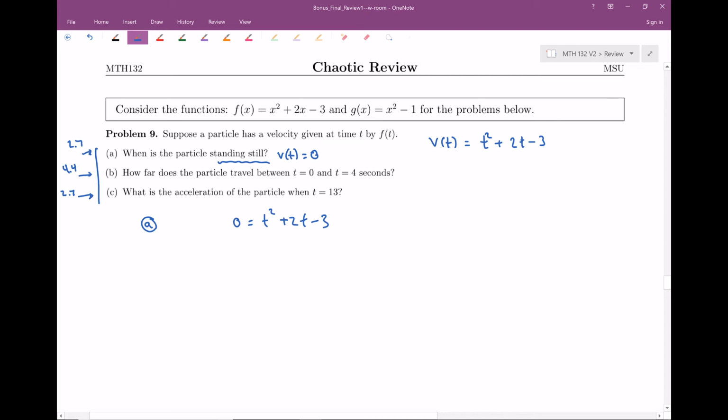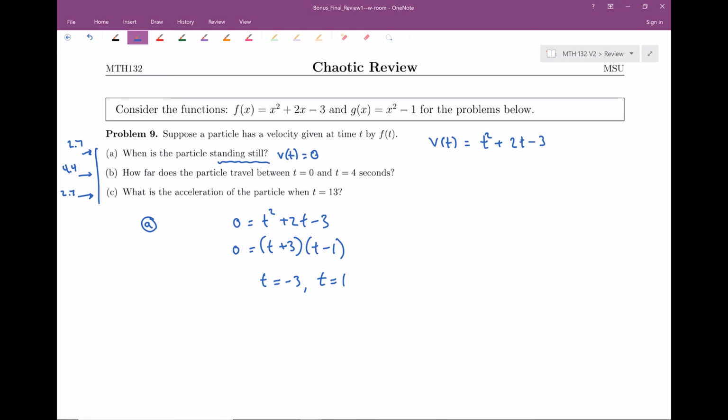In this case, I think I can go ahead and factor this. So hopefully t plus 3 and t minus 1. Double check if I was to FOIL that all out, would I get back to where I started? Yep, seems reasonable. So this indicates when t is equal to negative 3 and when t is equal to 1, the particle is standing still.